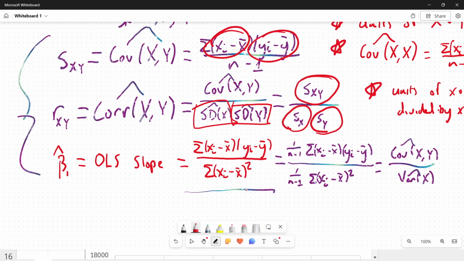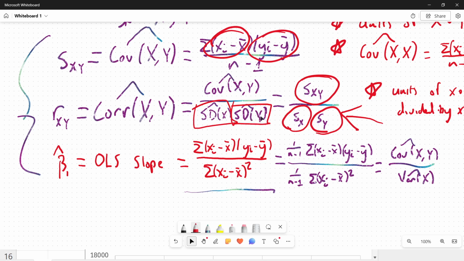And I would remark that if you take that idea up to here and try it out in correlation, you'll see that the exact same thing is true, because I've got standard deviation of x over here and standard deviation of y over here, which is the square root of the variance of x and the square root of the variance of y.